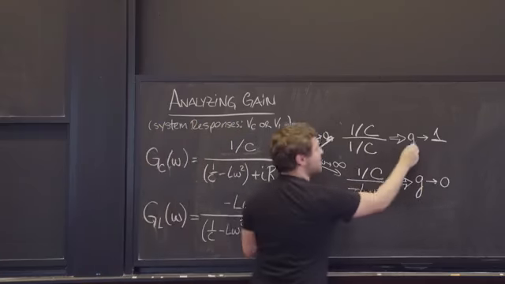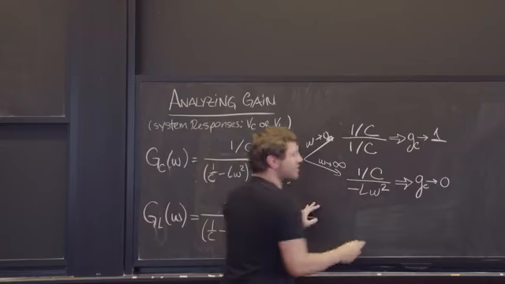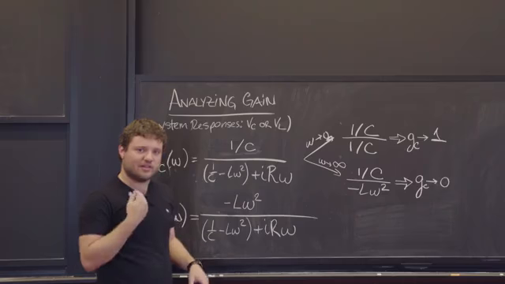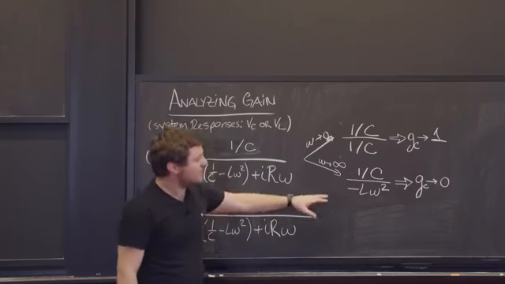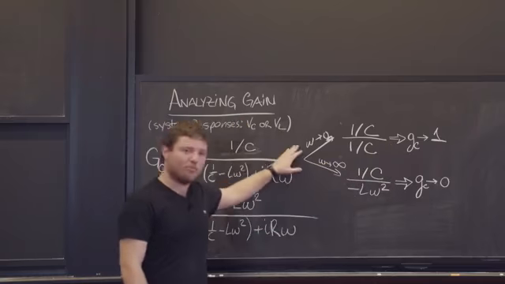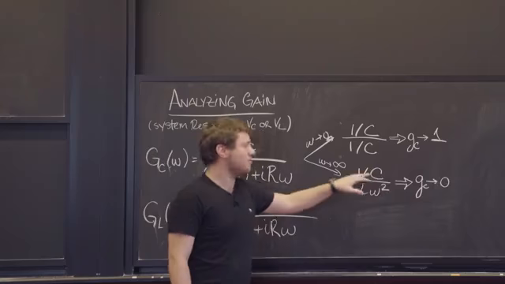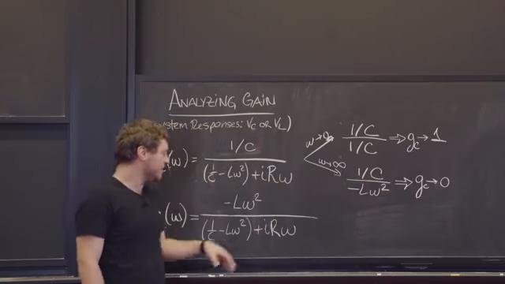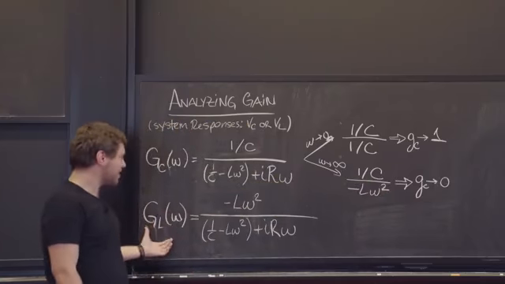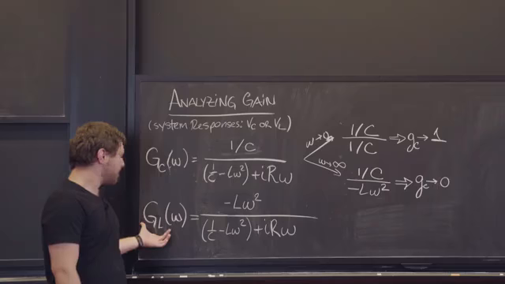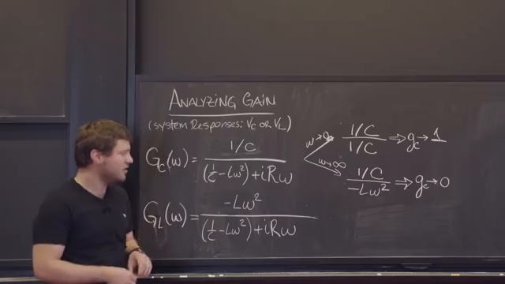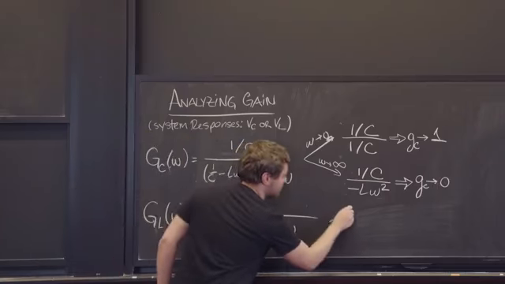This is in the case of the capacitor, so we call that GC, the gain for the capacitor. It's 1 when omega goes to 0, and it's 0 as omega goes to infinity. Now let's look at the case of the voltage drop across the inductor, which is given by the complex gain GL. Again, the two behaviors.